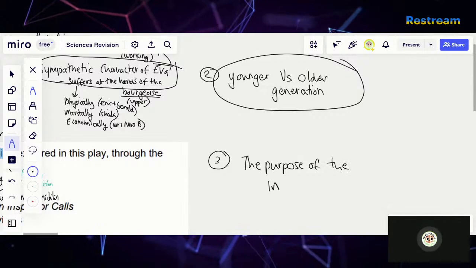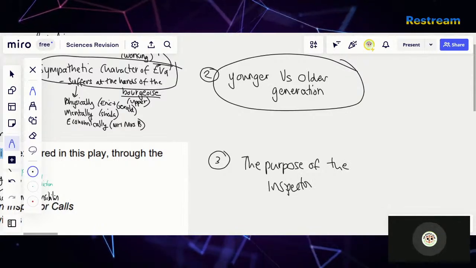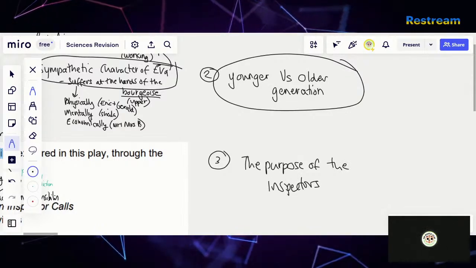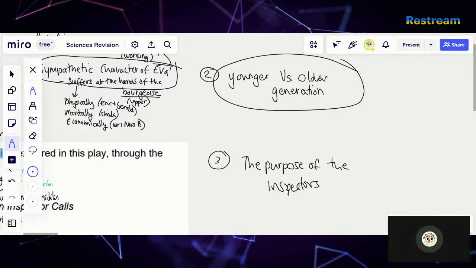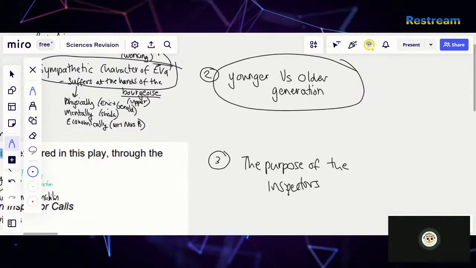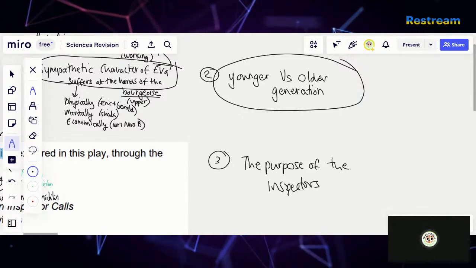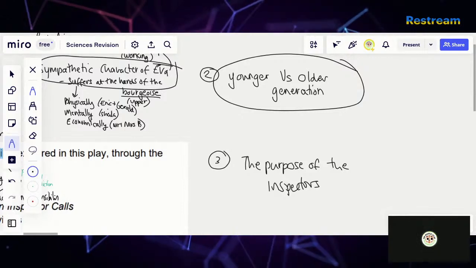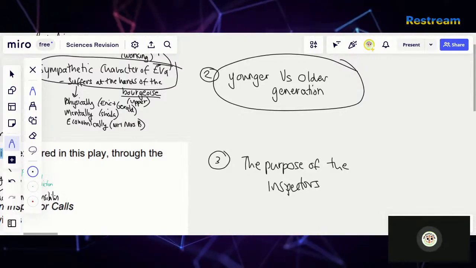The inspector acts as that godlike voice who puts the flashlight on each of the characters and details the exposure and the truth.